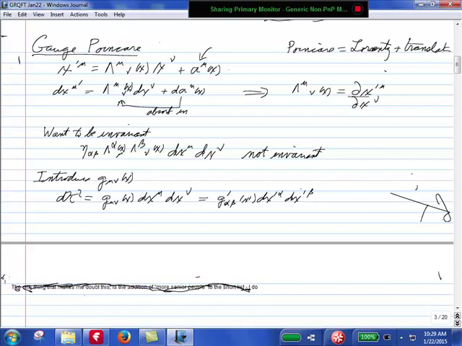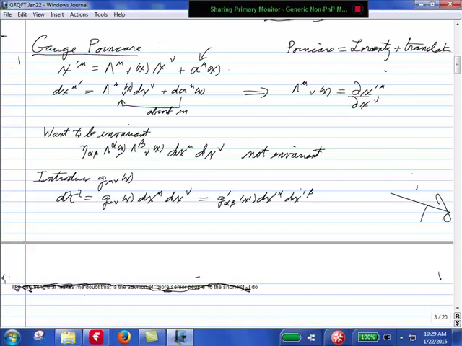For later things, I'd like to make a notation change at this stage. I'm going to write now these guys with Roman indices, T mu A of x, T mu B, eta AB.